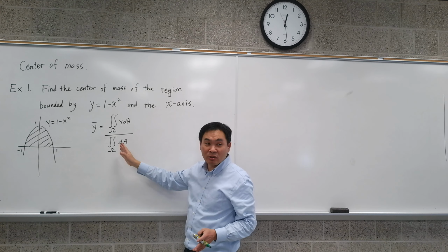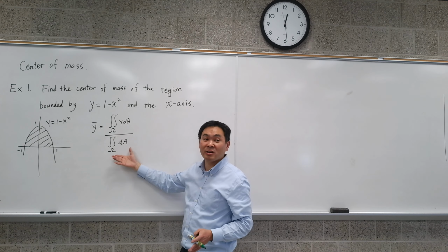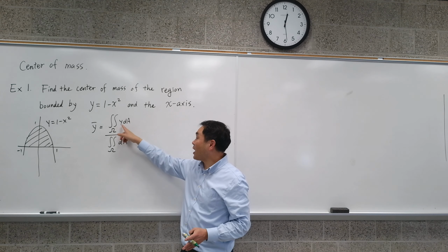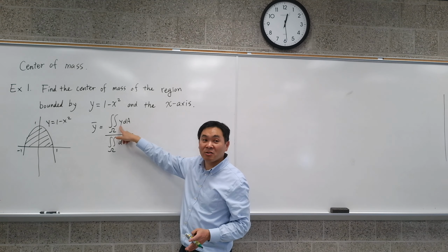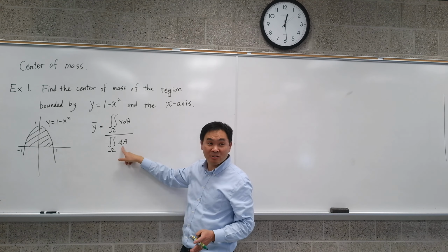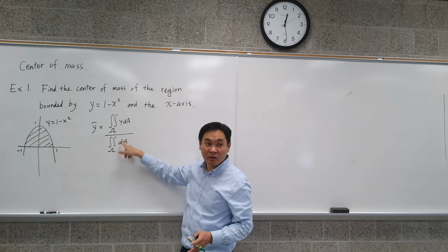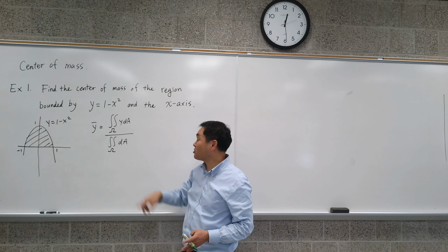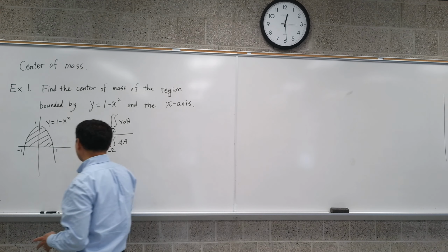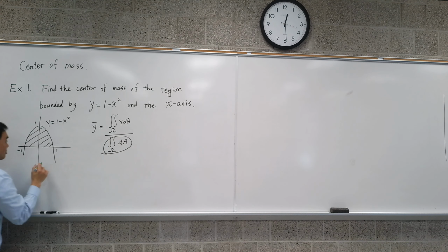And my explanation was simply, this is nothing else than doing a weighted average. You add all the y values with certain weight, and you divide it by the weights themselves. That's the way to understand this formula. It's a weighted average. First of all, this denominator is somewhat simple to calculate.